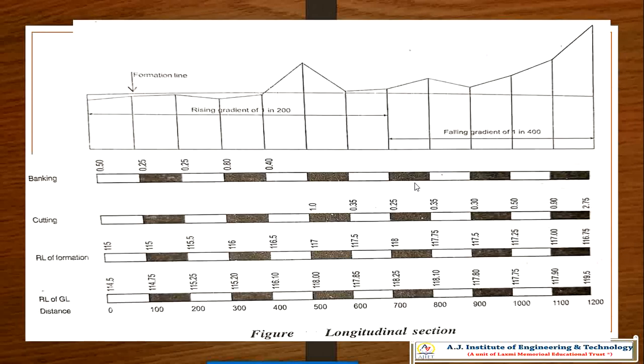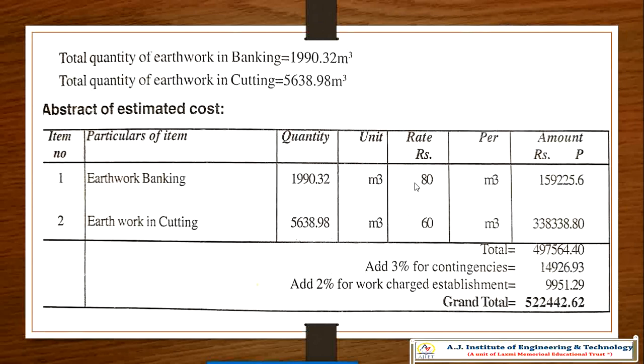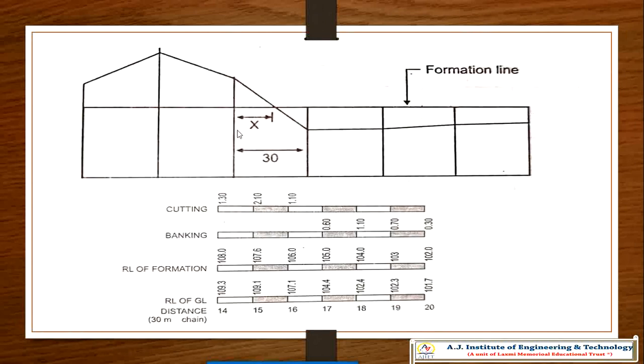Now we discussed many of the considerations, like when the road cross section is different, if the formation line passes between two intervals, how to find the distance for cutting as well as for banking.